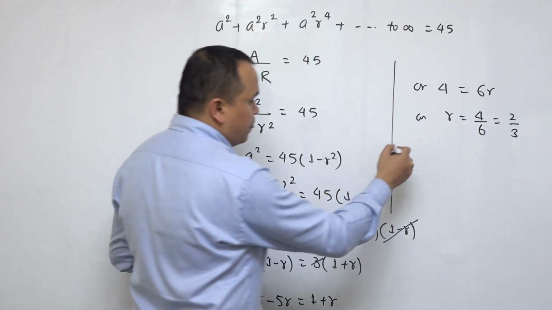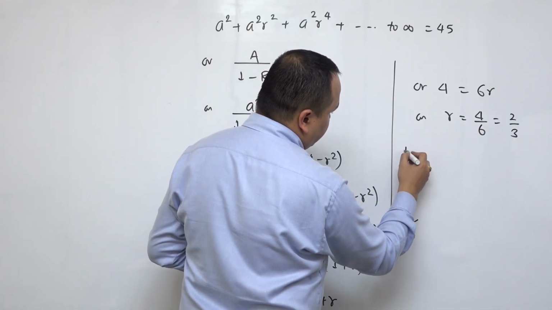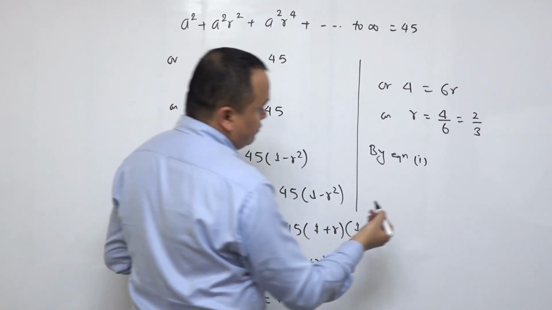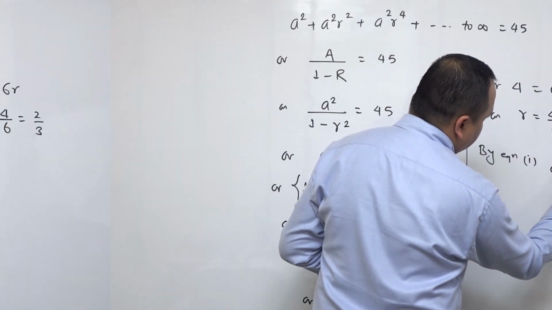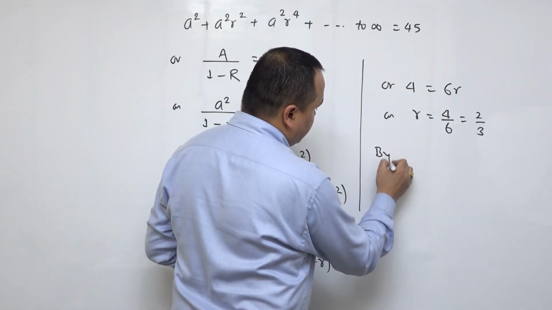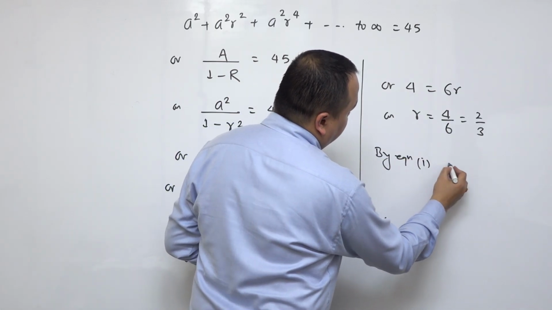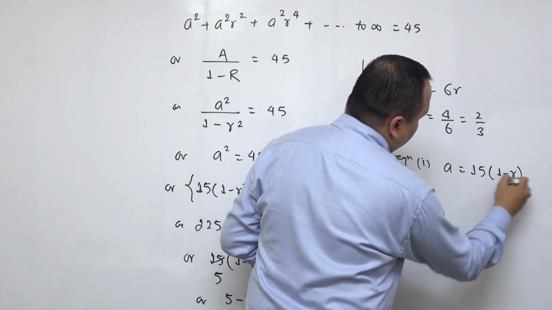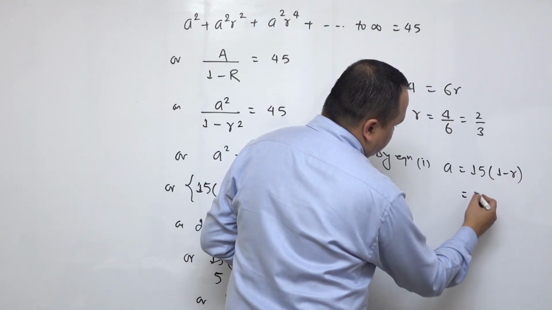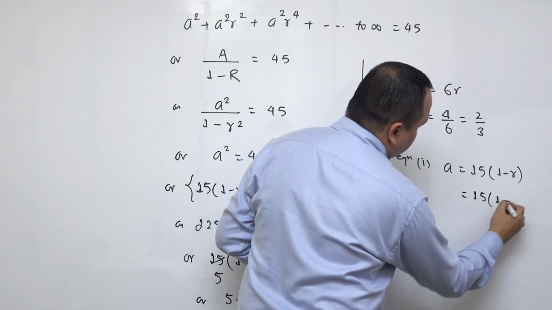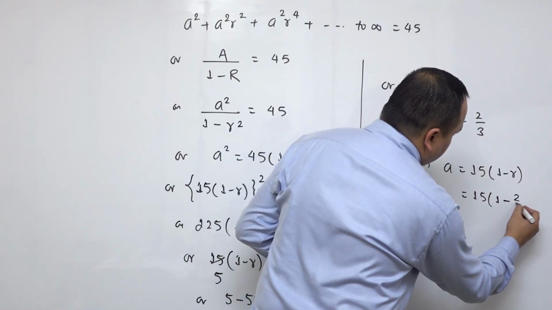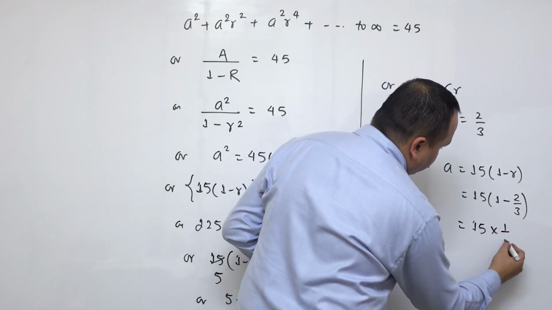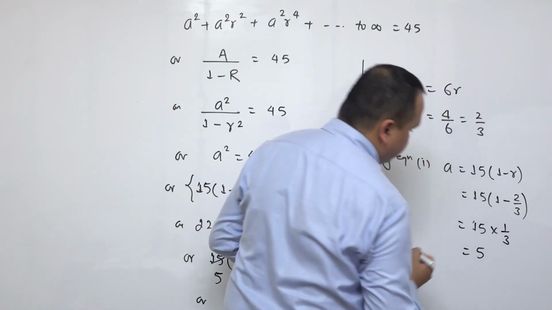Now, by equation I, we have a is equal to 15 times 1 minus r. We have r is equal to 2 by 3, 15 into 1 upon 3, so a is 5.